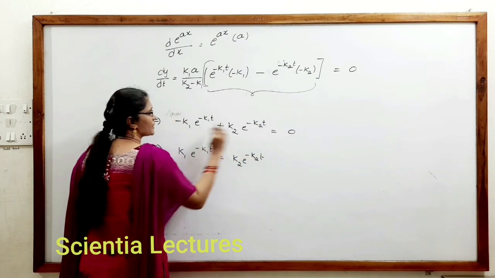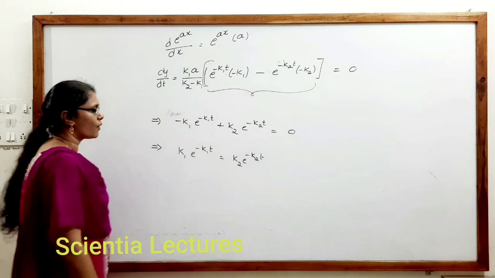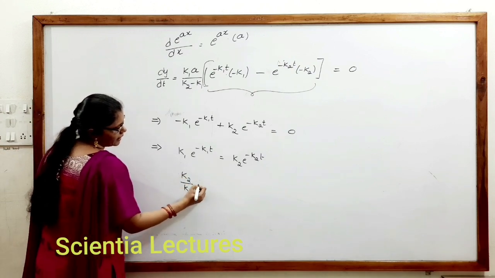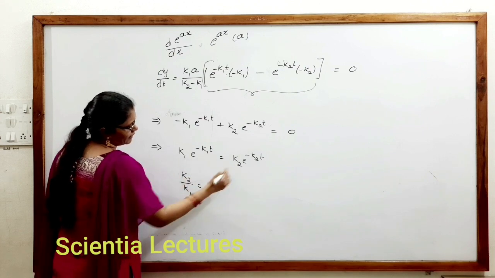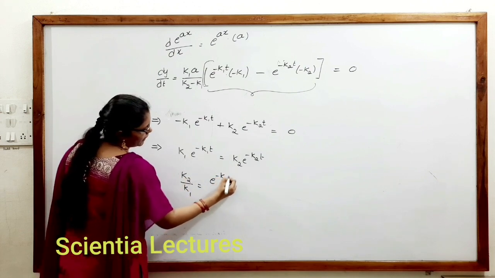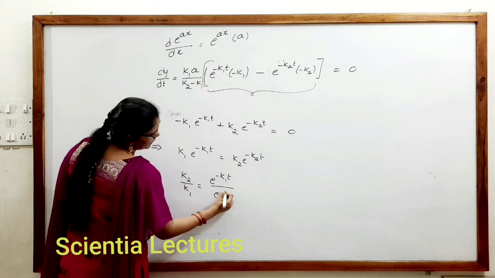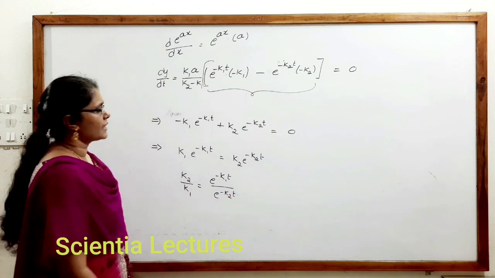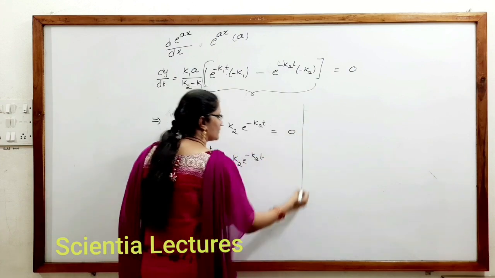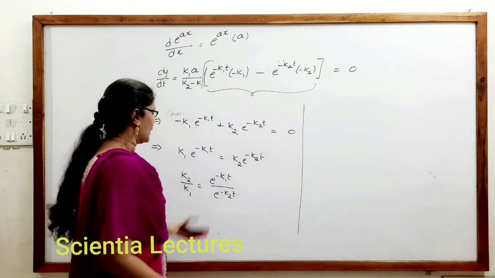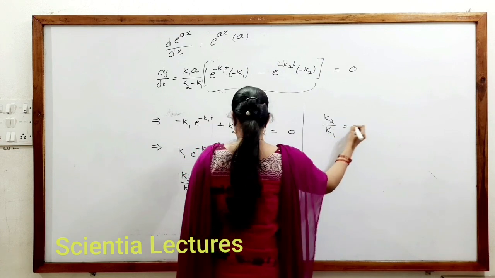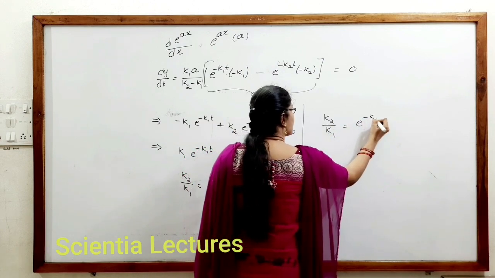If you take this side, now what is K2 by K1? K2 by K1 must be equal to e power minus K1t by e power minus K2t. Now this could be written as K2 by K1 must be equal to e power minus K1t.